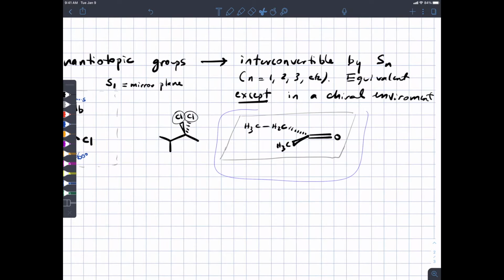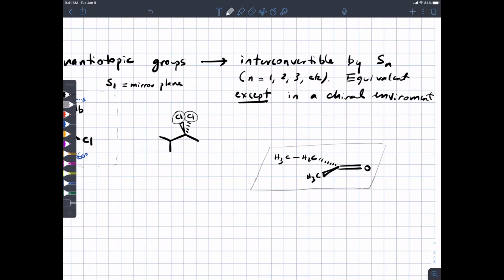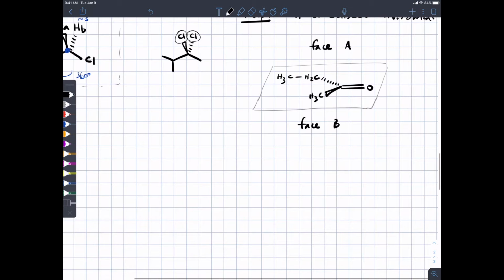And you have, as before, the top face, face A, and the bottom face, face B. And they're mirror images of each other. Let's look at the view if we approach the molecule from face A, the methyl group is on our right, the ethyl group on our left.